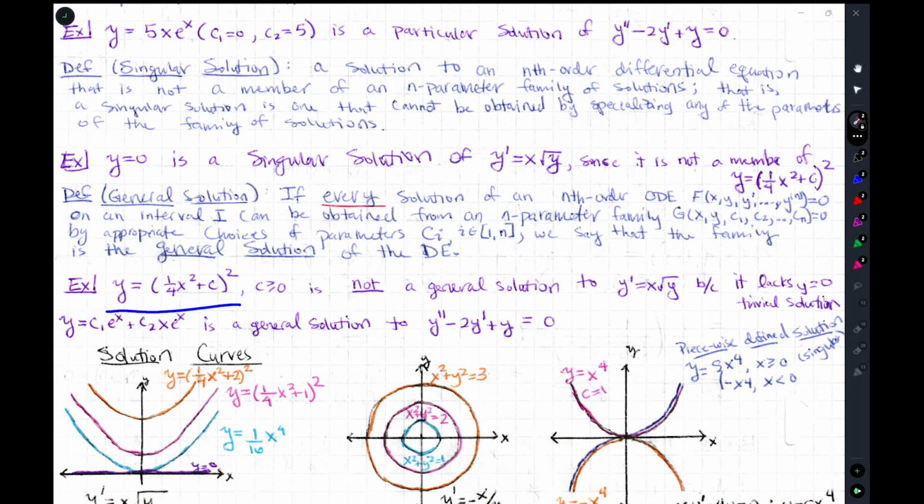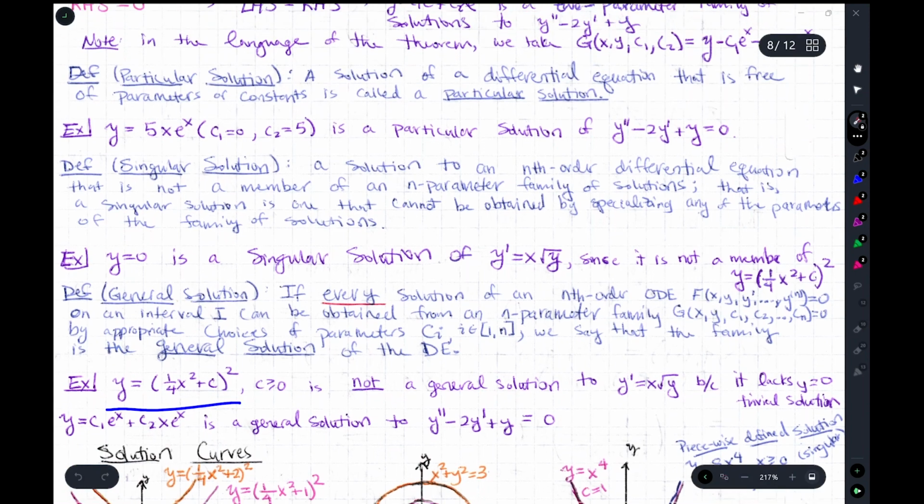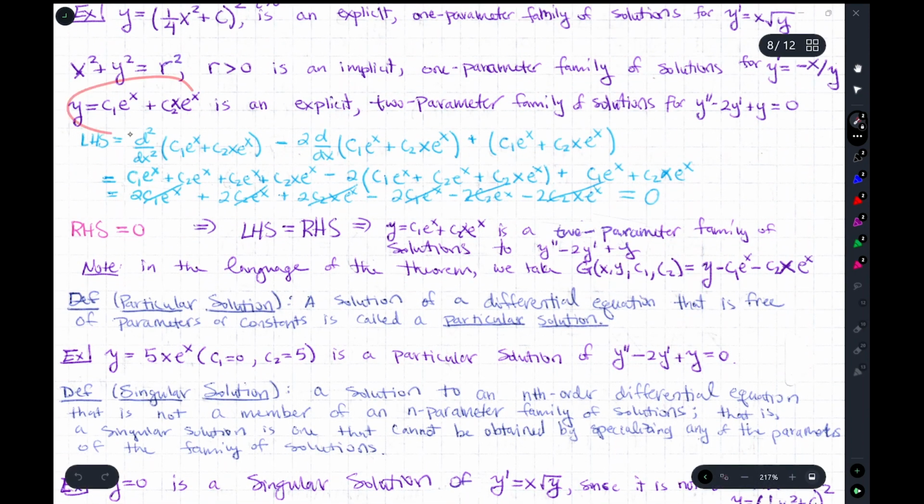So, if we have an n-parameter family, say this to the second order differential equation, if every single solution of this differential equation can be obtained by somehow fixing C1 or C2, then what we say here is that this is a general solution.